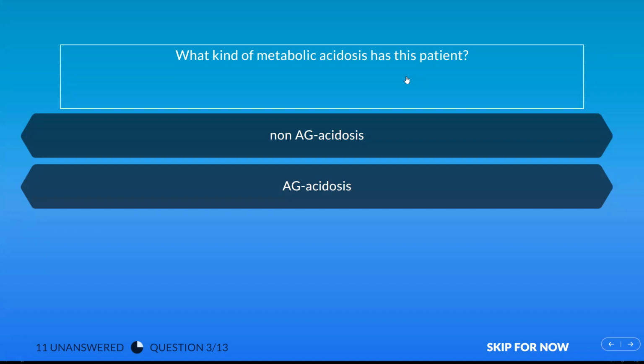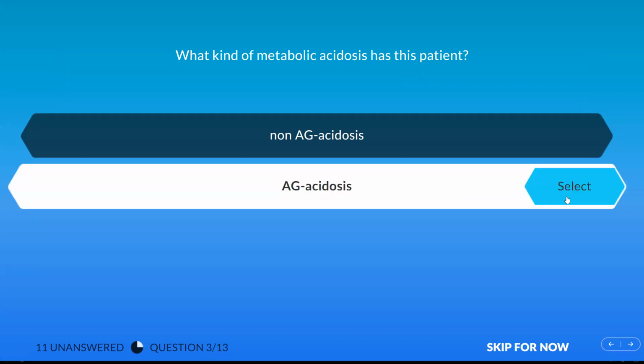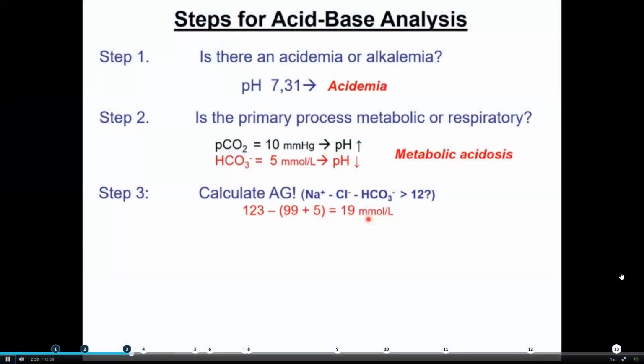That was higher than 14. So? Yeah, because 12 is the normal. Exactly. So that means this patient has an anion gap acidosis. It is bigger than 12. So this patient has an anion gap metabolic acidosis.